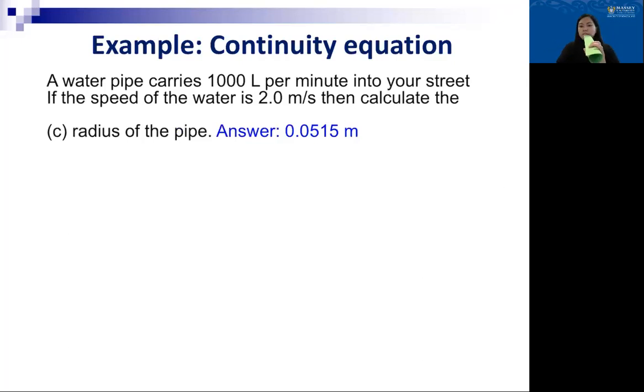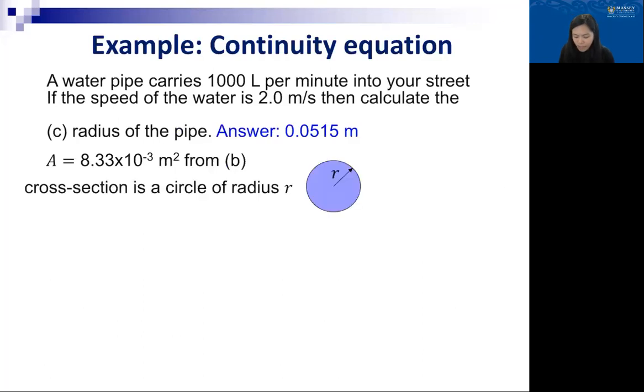And so to get the radius of the pipe, notice that if you look at one end of a cylinder, you'll see a circle. So the shape of the cross section of a cylinder is a circle of radius r, and the area of the circle is pi r squared.